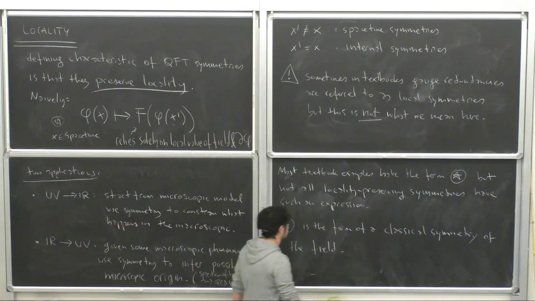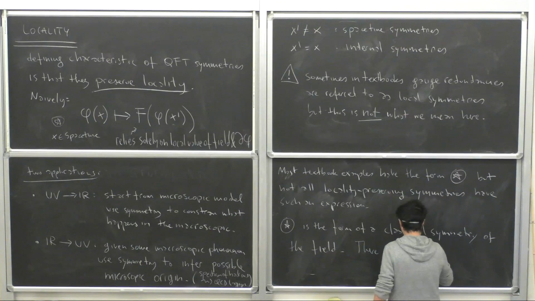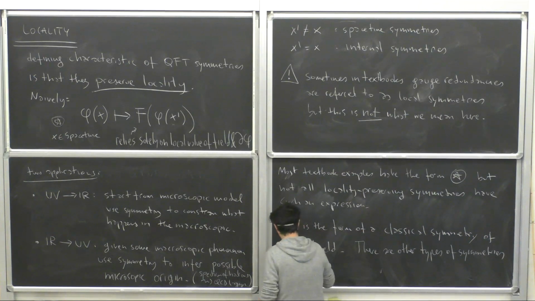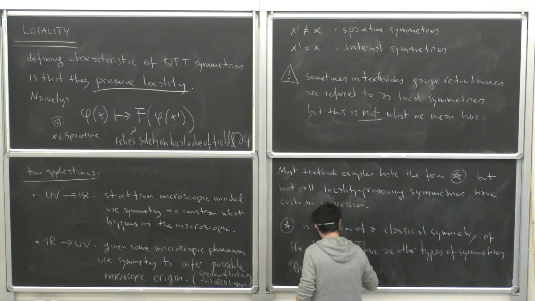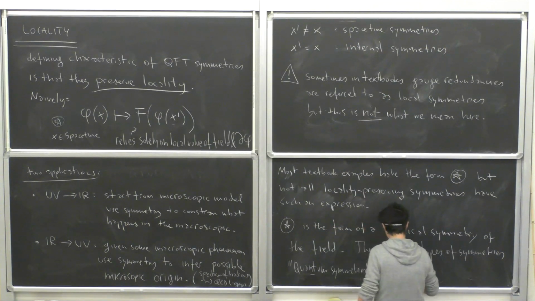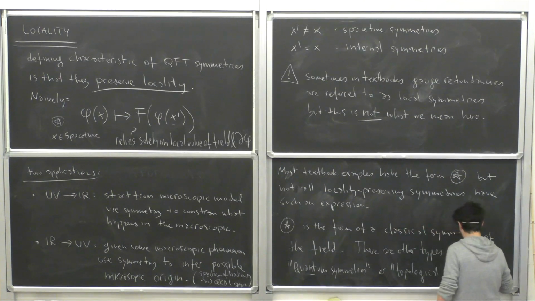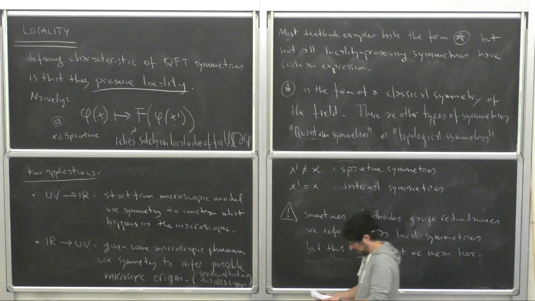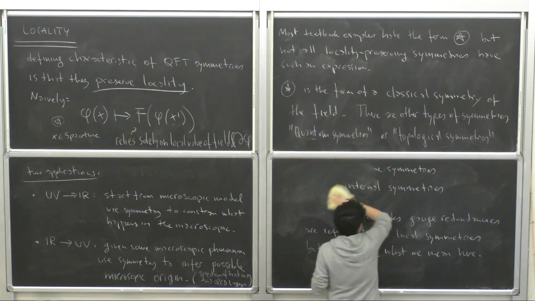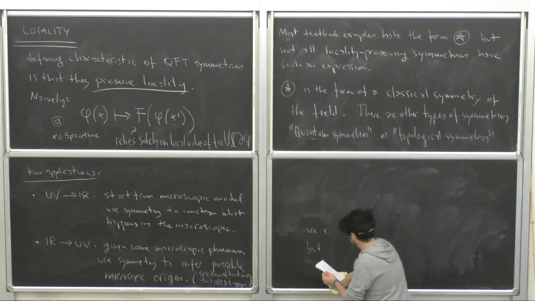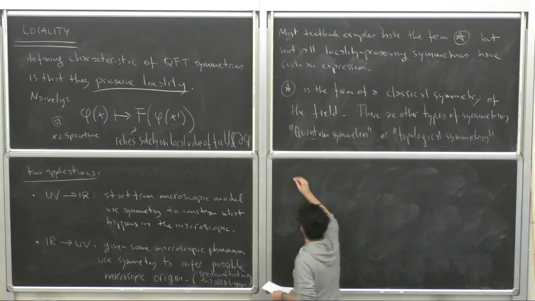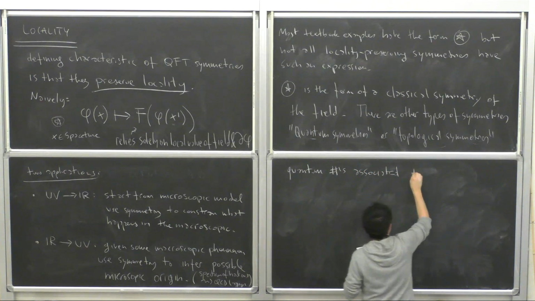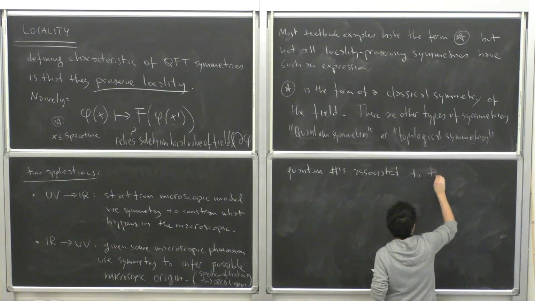But there are other types of symmetries, which in the literature go under the name of quantum symmetries, or topological symmetries. And probably you have encountered also this. For instance, examples of this arise whenever there are quantum numbers associated to topologically non-trivial field configurations.